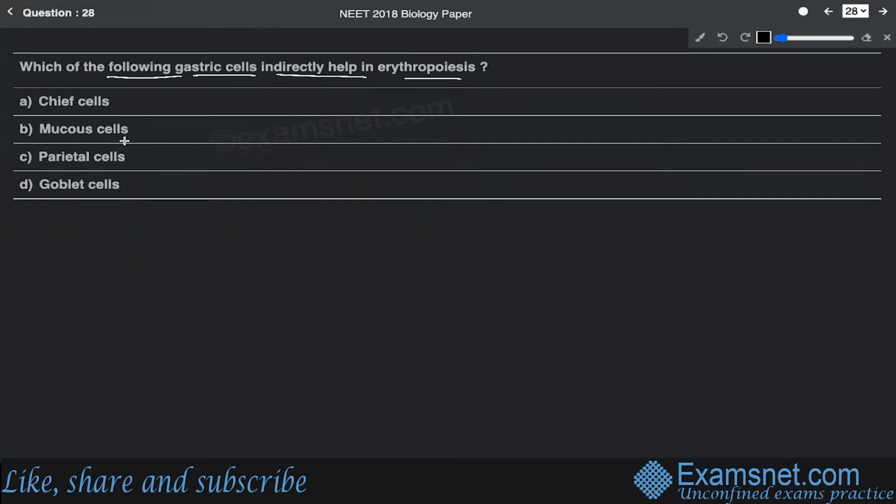All right. Now, let me tell you that out of all these cells, the main cells which are actually responsible for erythropoiesis, that means formation of RBCs. Erythropoiesis basically means formation of RBCs.